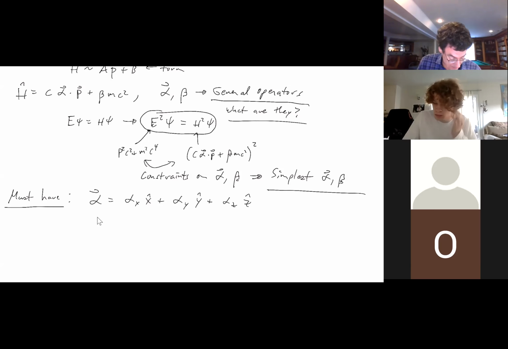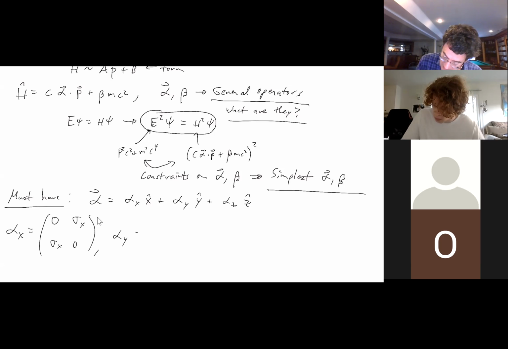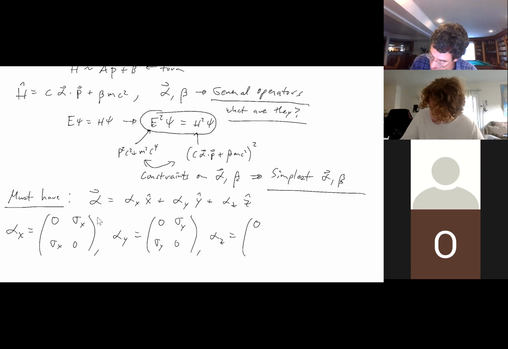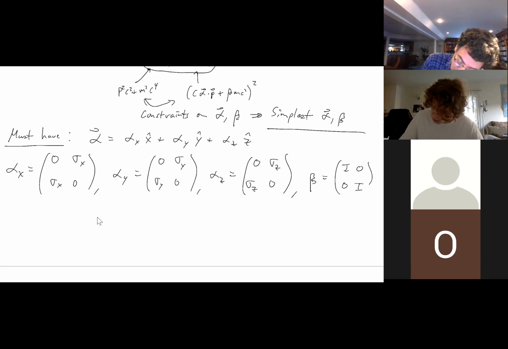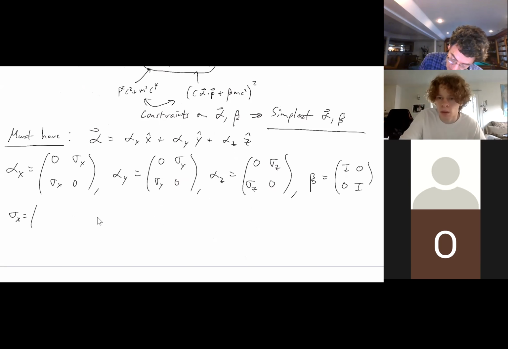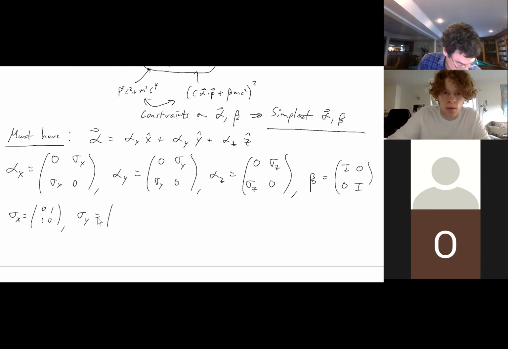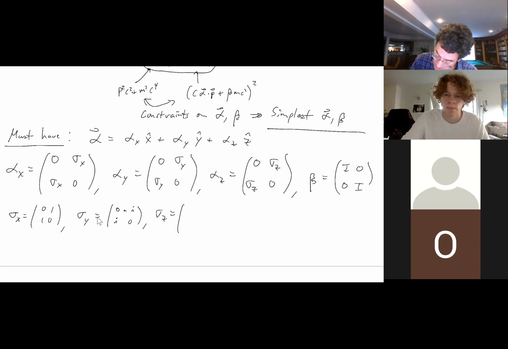And what we find is that alpha_x is equal to [0 sigma_x; sigma_x 0], alpha_y is equal to [0 sigma_y; sigma_y 0], alpha_z is equal to [0 sigma_z; sigma_z 0], and beta is equal to [I 0; 0 I], where sigma_x is equal to [0 1; 1 0], sigma_y is equal to [0 -i; i 0], sigma_z is equal to [1 0; 0 -1].